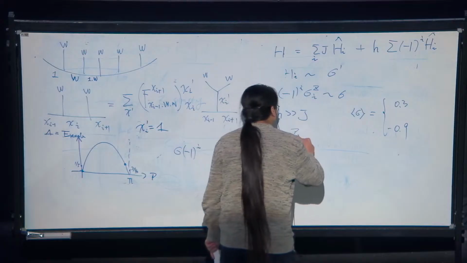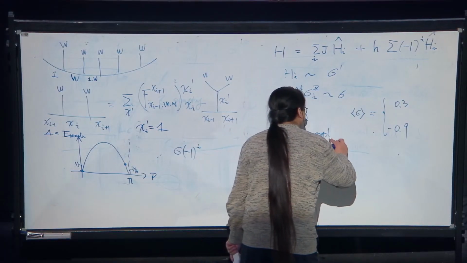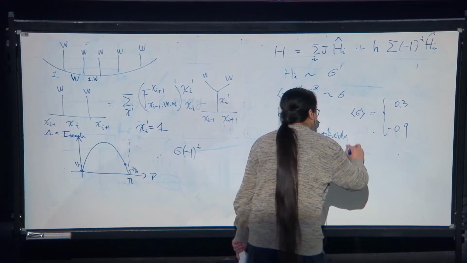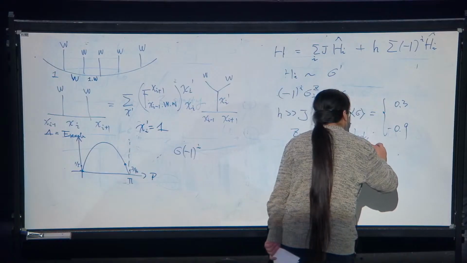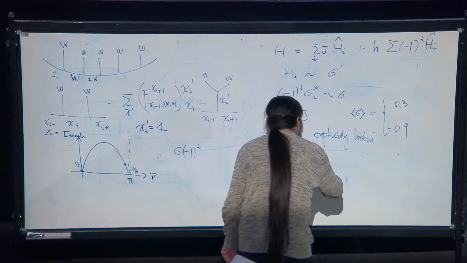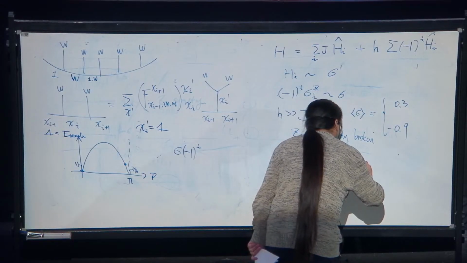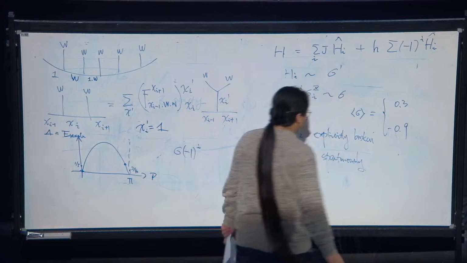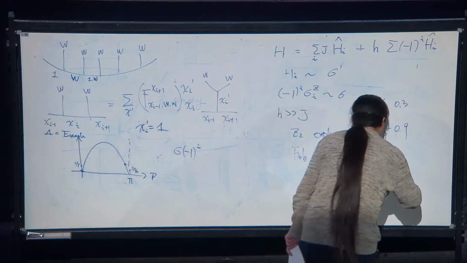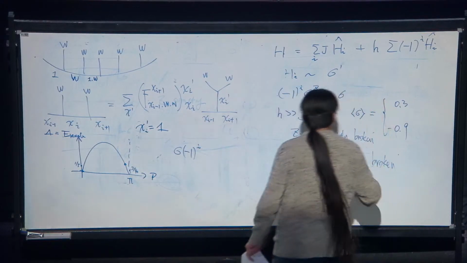So Z2 is explicitly broken, and Fibonacci is spontaneously broken. You found two ground states.